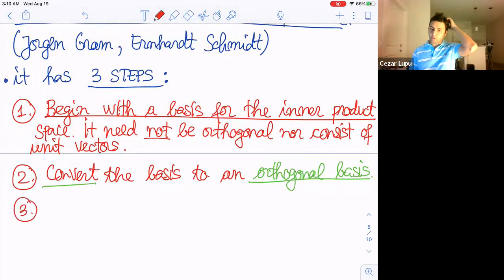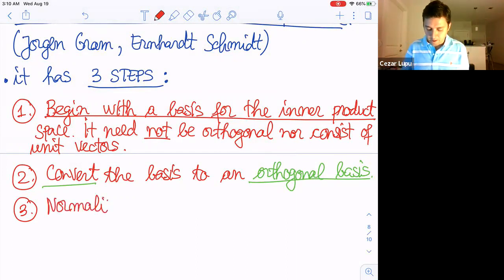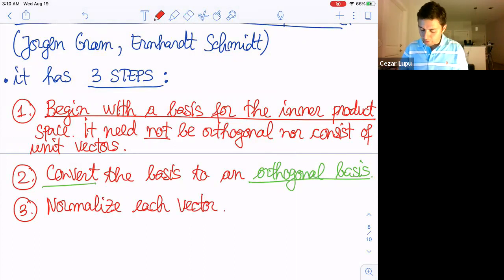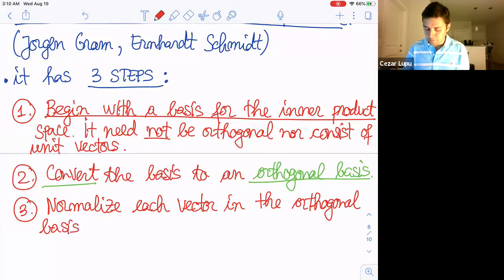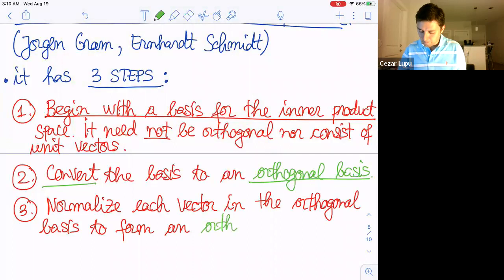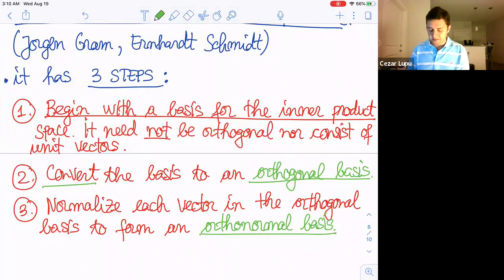The third step, once we have this orthogonal basis, is to normalize each vector in the orthogonal basis to form an orthonormal basis. These are the basic 3 steps.